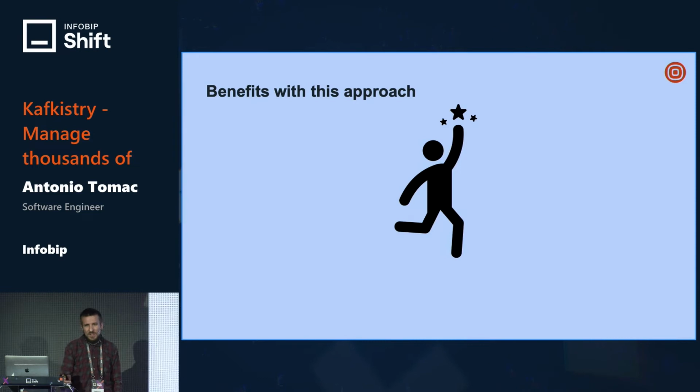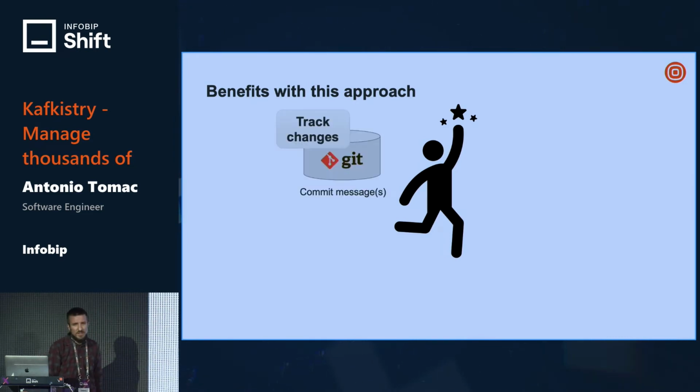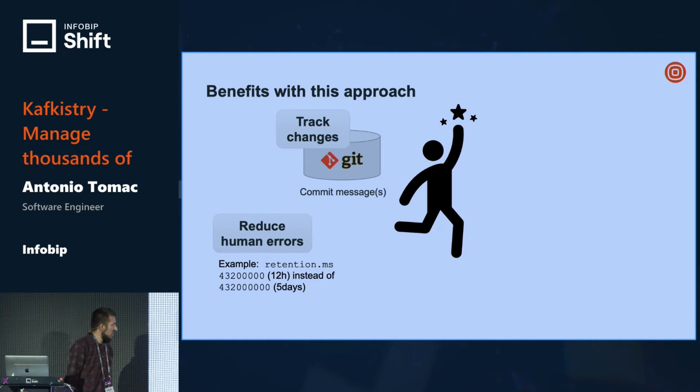So what are some key benefits of this approach with Git? For starters, now we can track changes, meaning that we actually know who did something when, and with useful commit messages, we can even know why something was added or why some configuration was changed in the first place. By using UI, we significantly reduce human errors, as I already said.